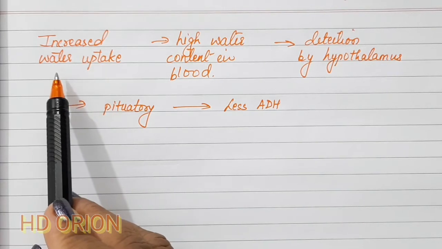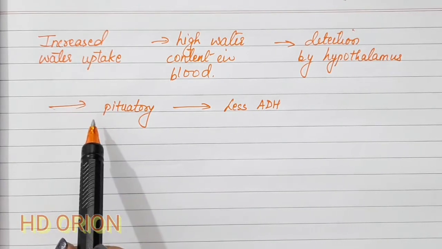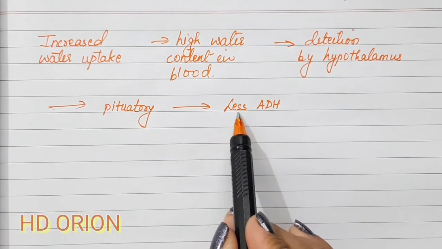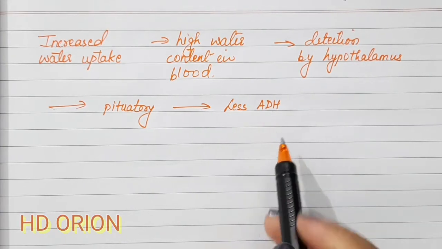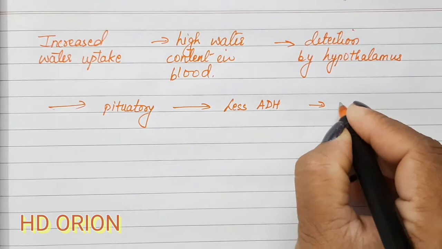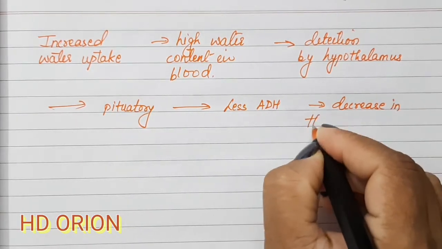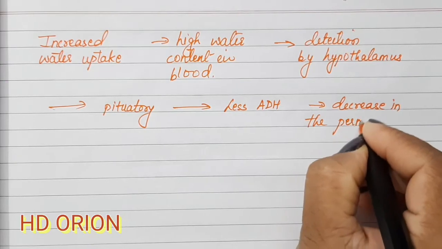Let enough water be excreted in the form of urine, because there is enough water in the body. The person has drunk enough water, and therefore there is no need to conserve water or reabsorb it. So when there is less ADH secretion, there is a decrease in the permeability of tubules.